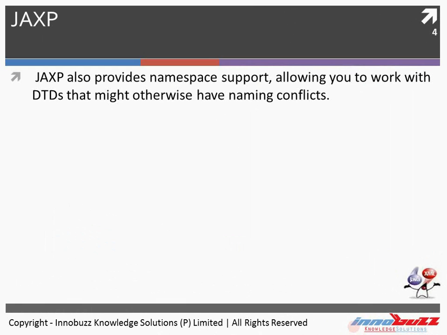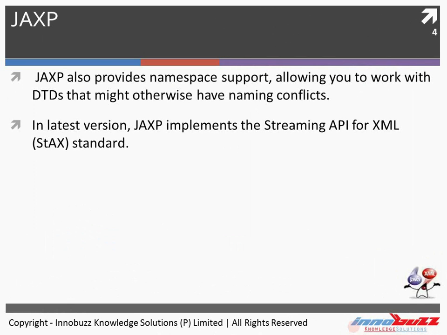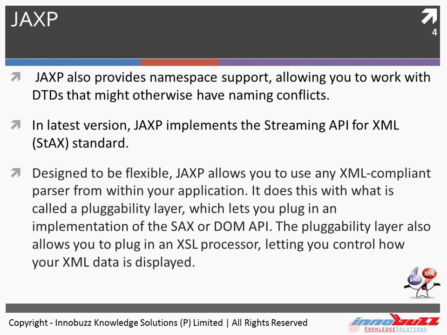JAXP also provides namespace support, allowing you to work with data type definitions that might otherwise have naming conflicts. In the latest version, JAXP implements the Streaming API for XML also, which is generally termed StAX.